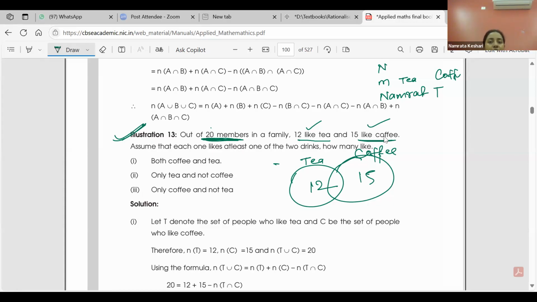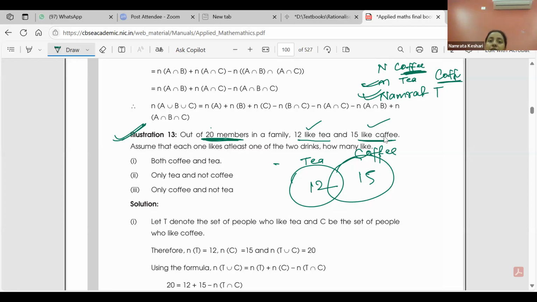If I ask Nabila, maybe she will say she just likes coffee. Then when we count coffee, again 2 people are coming, Nabila and Manvi.